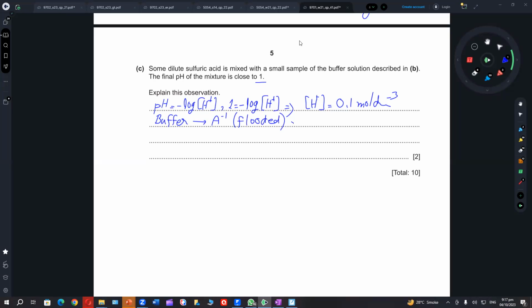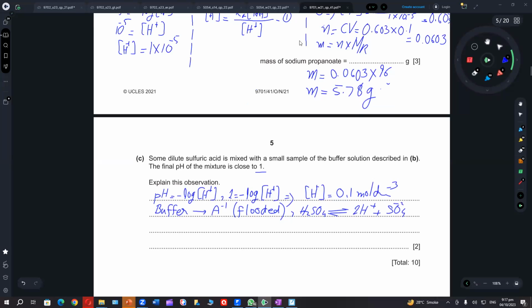On the contrary, H2SO4 is a very strong acid. It also floods the solution with SO4 and H plus ions. Our buffer is also producing propanoate ion and H plus ions. So how would this buffer actually fight? So we can discuss the failure.